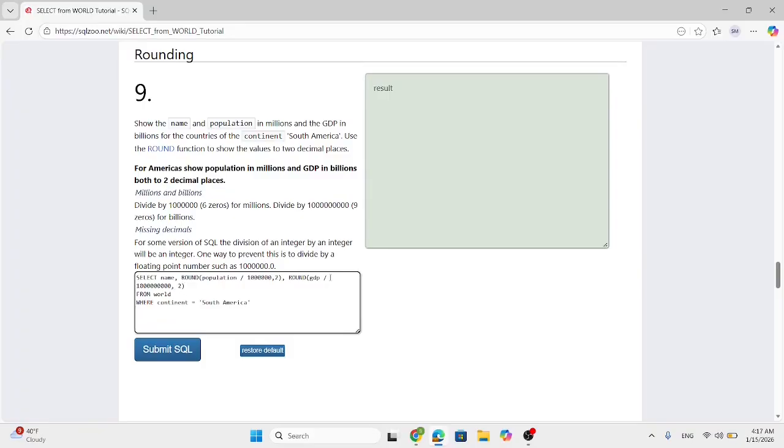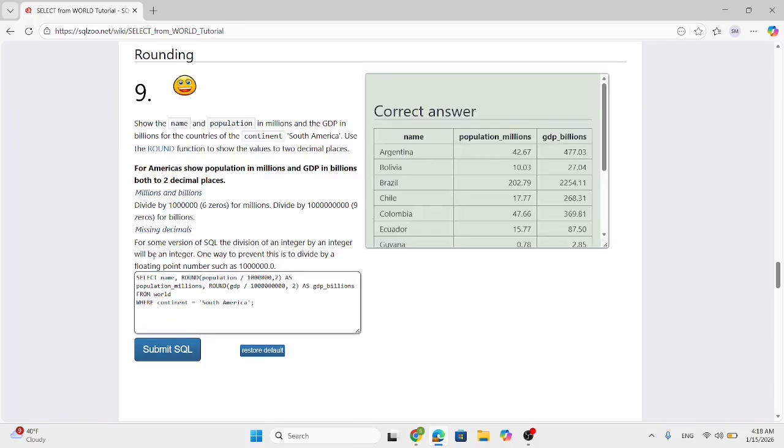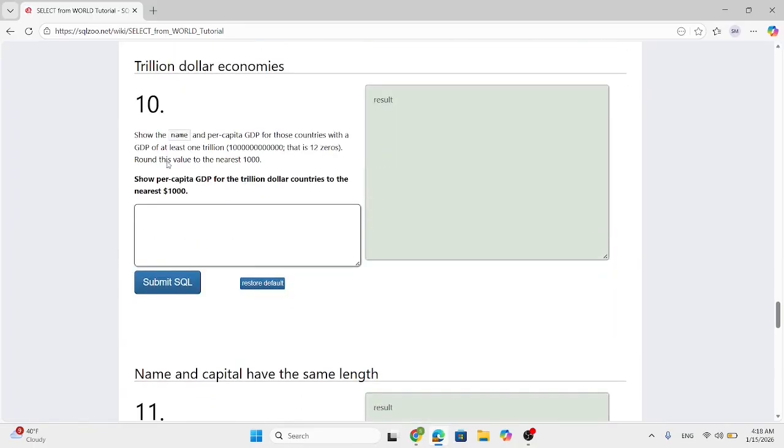We can also write an AS statement here, like this: population millions, and here we can write GDP billions. From world where continent like this, as you can see, we get our results. So far so good. 10 questions.